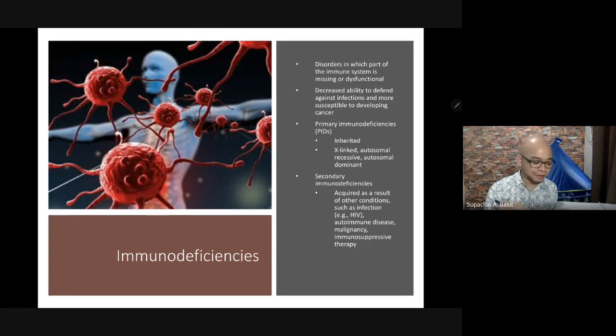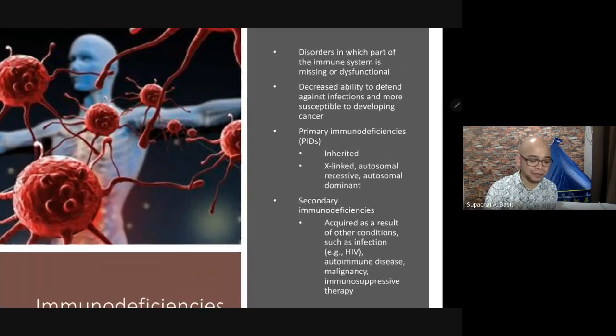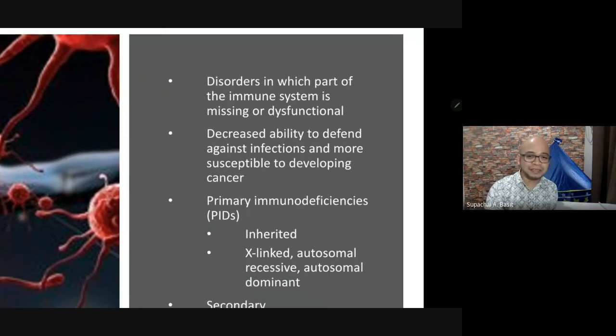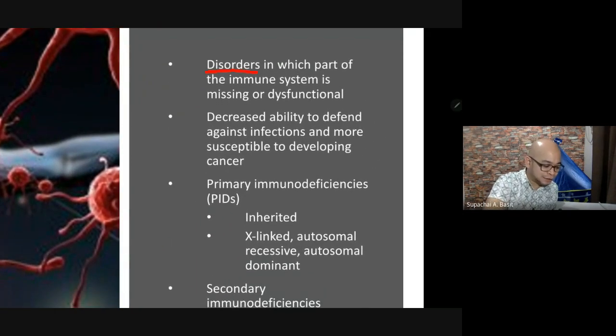So let's define first, what do we mean by immunodeficiency? Immunodeficiency is defined as disorders in which part of our immune system is either missing or dysfunctional. When you say dysfunctional, some components of our immune system are not functioning well as expected.